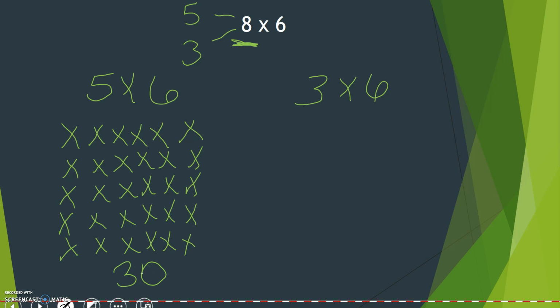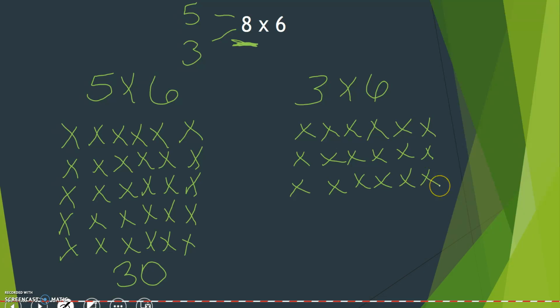And then over here, I can have 3 rows with 6 in each row. And that's going to give me 18. Now I just have to add 30 plus 18, and my answer is 48.